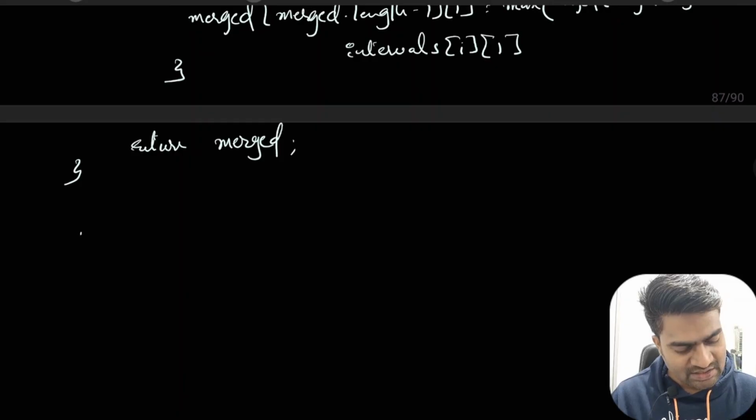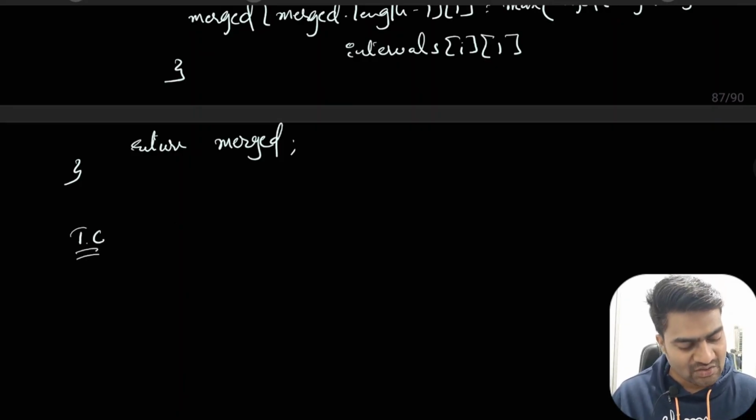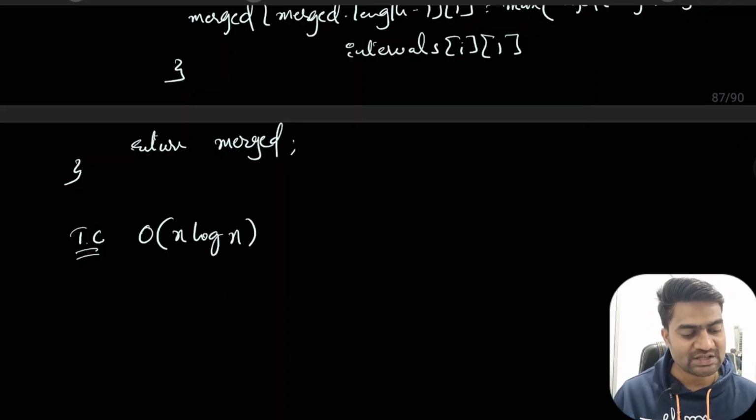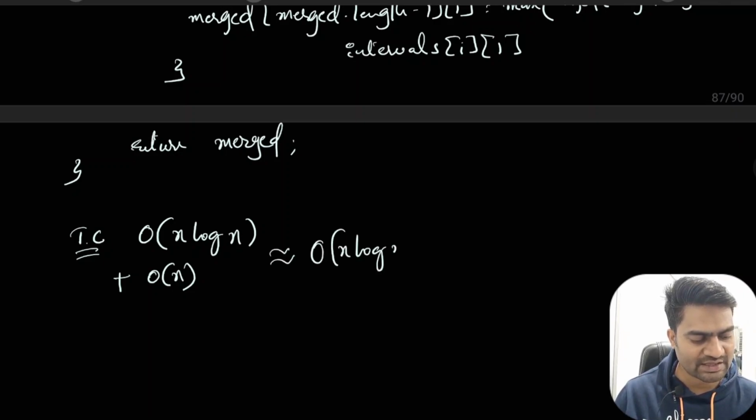So this way, if you see what we are doing, we are sorting it. So for that, if we want to find the time complexity, sorting will take of the order n log n, correct, right? Then once after that, we use the optimal way to merge the intervals, which takes O of n time complexity. So it is basically O of n log n plus O of n, which is somewhere O of n log n, we can say.